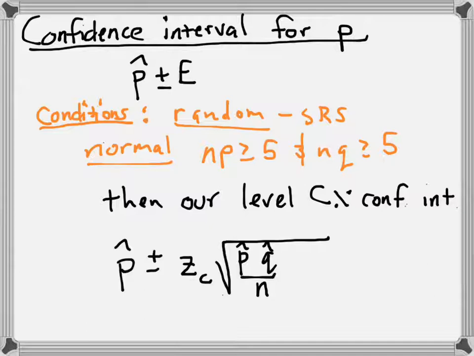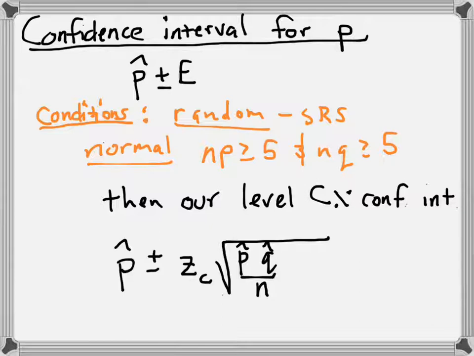And the conditions: the sample has to be random. Again, if the sample's not random, it's in no way going to be a good representation of the entire population. And the normal conditions, we have to check these. This pretty much stems from our last section 5.5 when we talked about using a normal approximation to a binomial event.